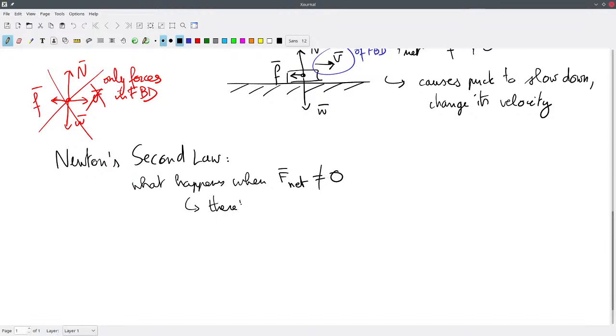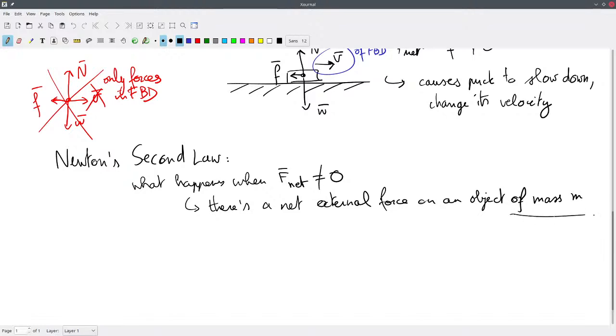So there's a net external force on an object, on a body of mass m. So that's what Newton's second law is going to explain.